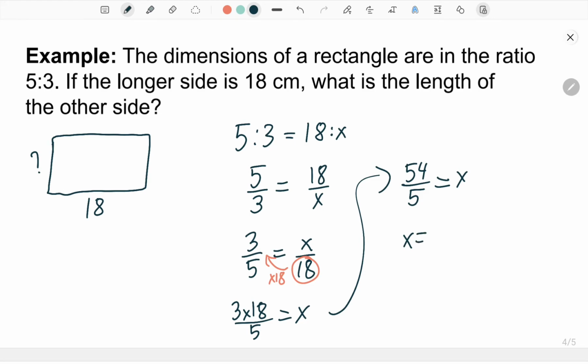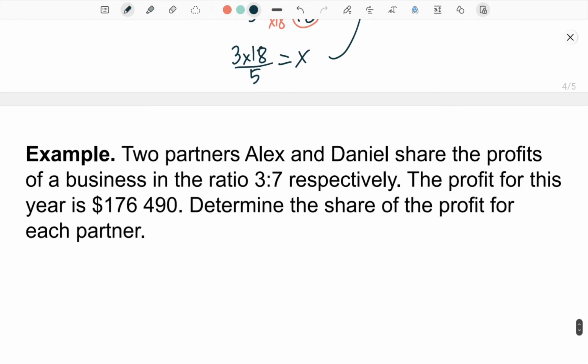In terms of a decimal number, if you want to figure out what that's actually equal to, that would be about 10.8. And so that would be 10.8 centimeters. So if you had a length of 18 centimeters, the other side would be 10.8 centimeters if the dimensions of the rectangle are in the ratio of 5 to 3.